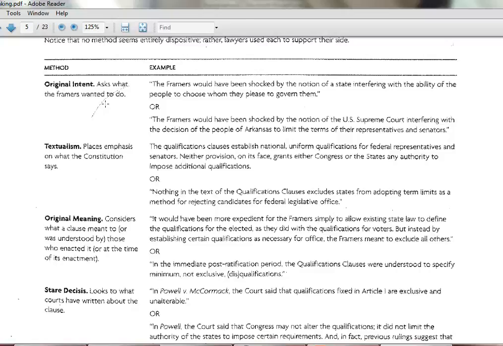And so the example for original intent, the framers would have been shocked by the notion of a state interfering with the ability of people to choose whom they please to govern them. Or the framers would have been shocked by the notion of the U.S. Supreme Court interfering with the decision of the people of Arkansas to limit the terms of their representatives and senators. So these are two opposing arguments, but they're both appealing to original intent.